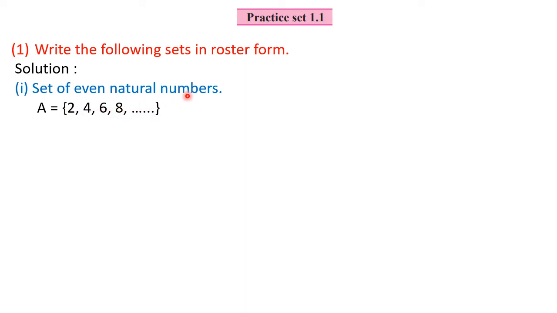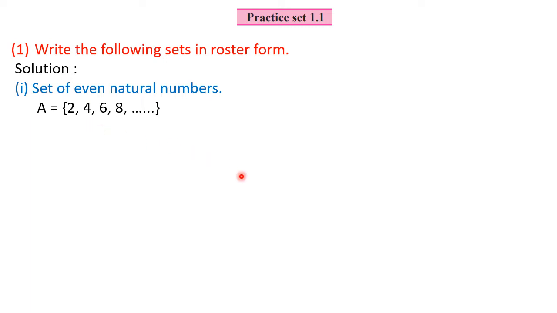Why? Because natural numbers are uncountable. They are never ending. So you have to write down dot dot dot, so that it shows that this set is having uncountable elements. Okay, it is never ending set.